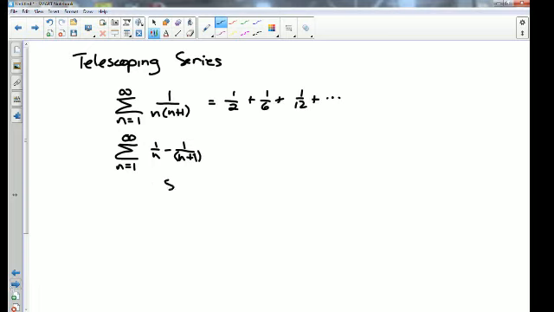What's S1? 1 minus 1/2. Just plug 1 in. For the sum of the first two terms, 1 minus 1/2, and then plug 2 in, plus 1/2 minus 1/3.